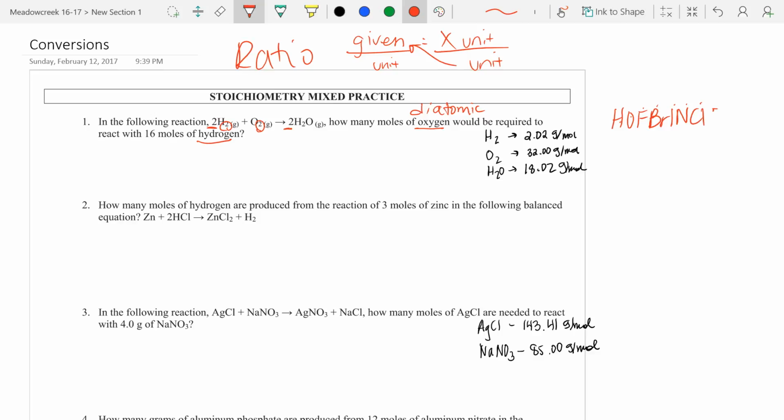So when we are writing this, we're going to first identify what is given to us in the problem. And they tell us that we have 16 moles of hydrogen. So we're going to take our 16 moles of hydrogen and write that down first. Okay, and we're next going to identify what they're looking for.